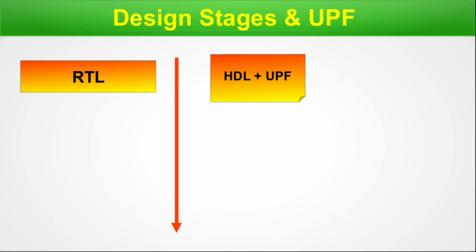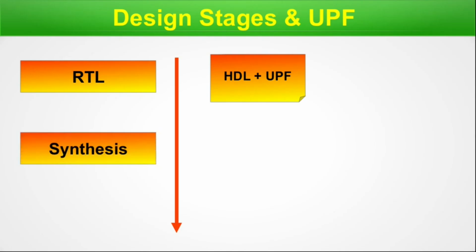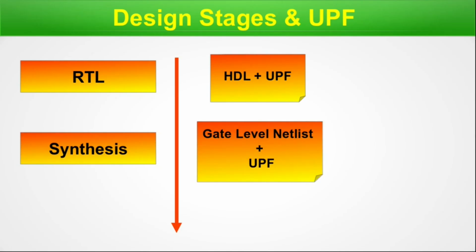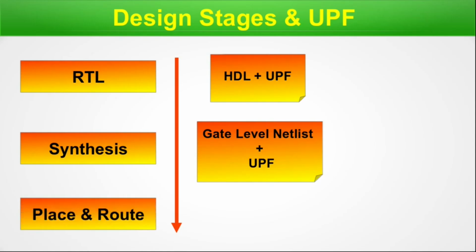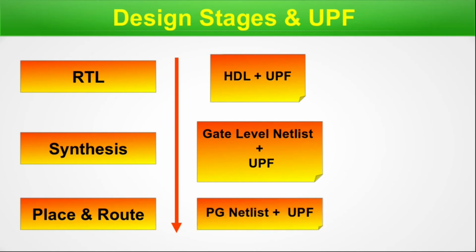In the left column, I'll define the stage, and on the right-hand side, I will show the details of the UPF. At the RTL stage, we write HDL and we write UPF commands. At the synthesis stage, we get a gate-level netlist along with UPF. Next, at the PNR stage, we have the post-layout netlist, that is the PG netlist, and we have the UPF along with it.